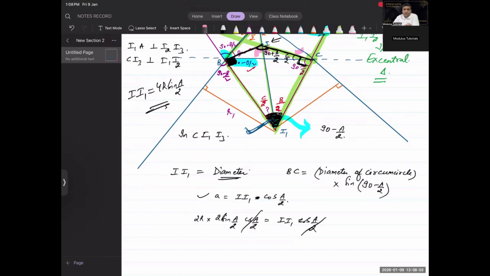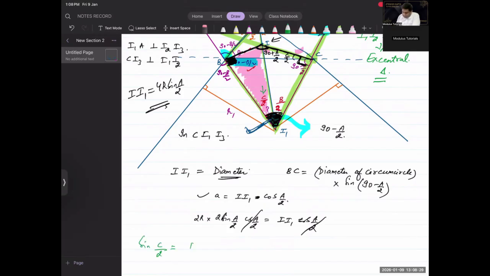So I told you I would like to calculate AI, BI, CI also. So now in this triangle BII1, you can already see what kind of diagram I'm having, right? So if you look into this triangle, guys, BII1, let's say this angle is C by 2, 90 degrees also available. So I need the hypotenuse and I need the opposite side. So sine C by 2 will be BI upon II1.